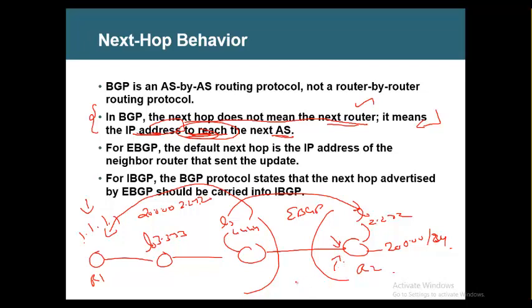The IP address here may be 42.0.0.2. This may be a reachable address to reach the next autonomous system, but we did not use this address to form the neighbor. We are using 2.2.2.2 as a neighbor address on R4. So this is what is going to be the next hop. So in that way, this statement is wrong. So what is the right statement? The next hop means the IP address with which you form the neighbor with the next autonomous system.